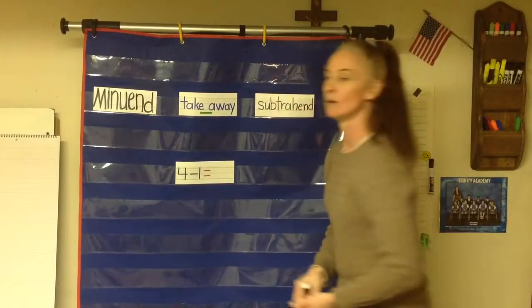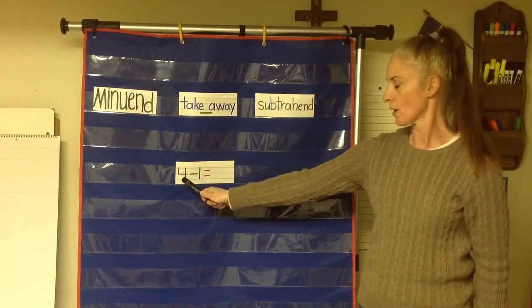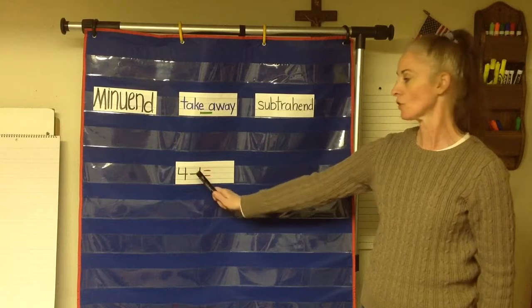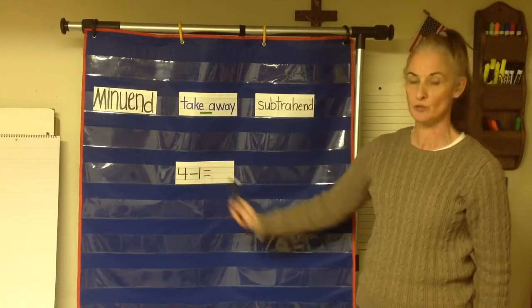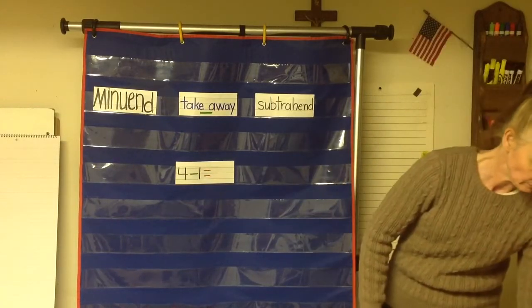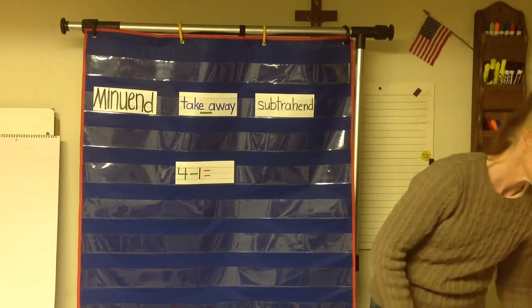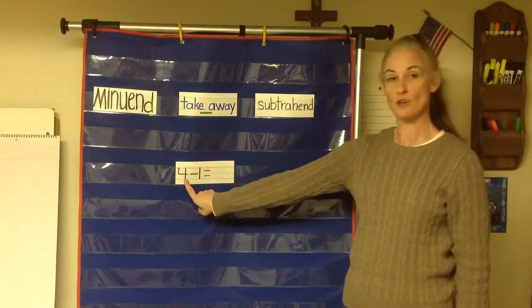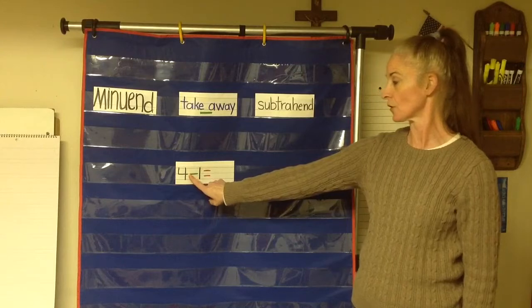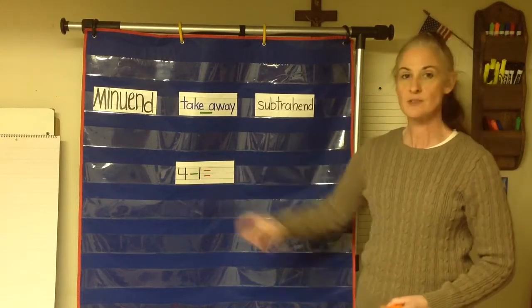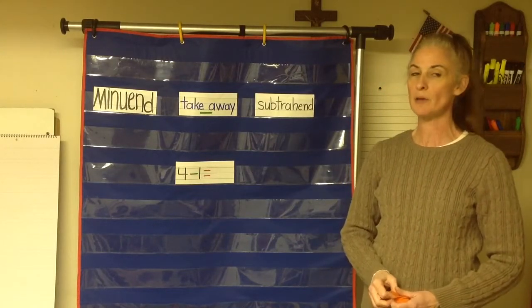Okay? So let's write 4 minus 1 and your equal sign. Okay? The larger number is first. The minuend is first. So start with a set of 4 with your cubes or your abacus or whatever you're using.